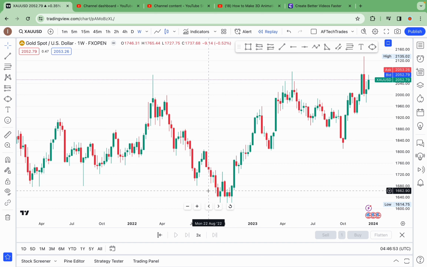Then I'll show how to use these tools as a confluence with your Fibonacci retracement learning here to make better entries and take good trades. So sit back, relax, and let's move forward.